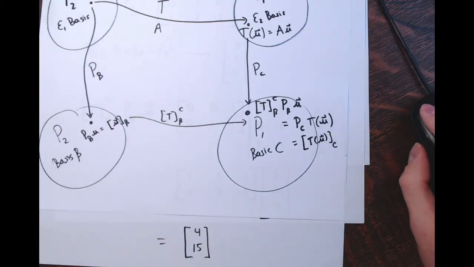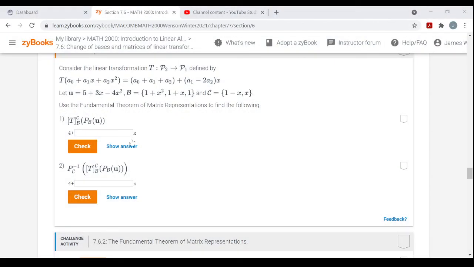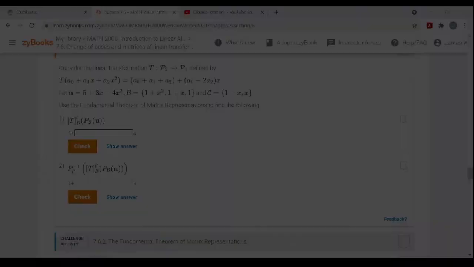Now on the website, they're just having me fill in the coordinates 4 and 15. I'm going to send some feedback about this, because really it should be 4 times the first vector from C, 4 times 1 minus x. Oh, you know what? Maybe that's what they want us to do. Let's go back here.